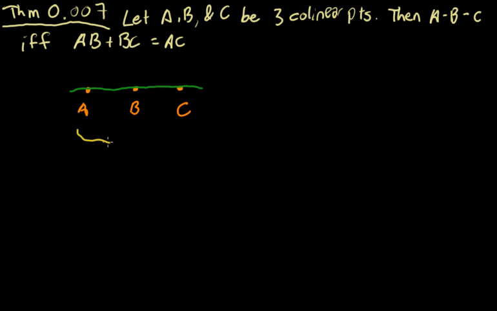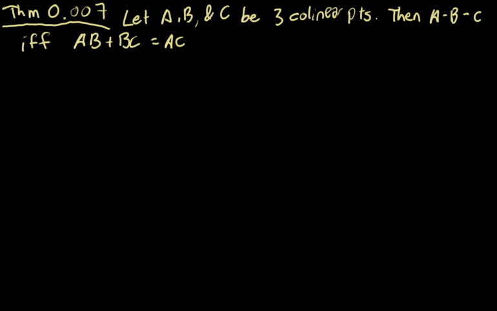AC is the distance here, let's just say AC is a distance of 7. We'll pick 7 pretty arbitrarily. Let's look at AB. AB would be the distance right here. Let's say that's 4, and BC, we'll say that's 3. Well, it would make sense that we need AB plus BC to equal AC. If you just look at that picture, it seems like that should happen, and it turns out it does, and we can prove that.